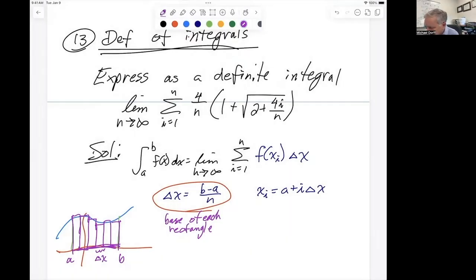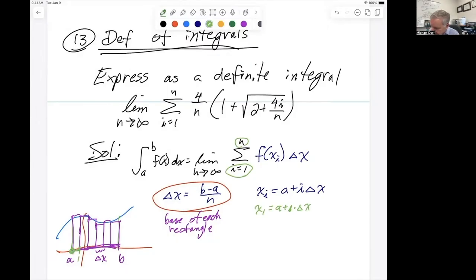So how do we get the right endpoint? Let me pick a color that sticks out. So I remember i is 1 to n. So what is the first one? x sub 1 is a plus 1 times delta x. So that means I'm starting here at the point a and I'm going one space over. So I get this.